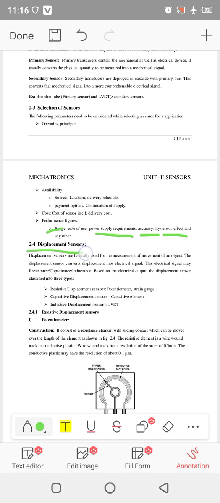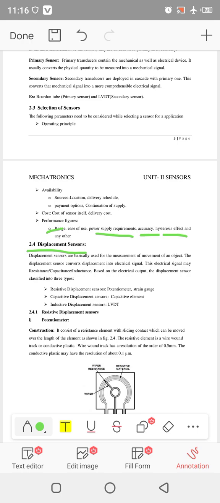This one is displacement sensors. Displacement sensors are basically used to measure movement of an object. This displacement sensor is used to measure the physical quantity called displacement, and it converts the displacement into electrical signals.